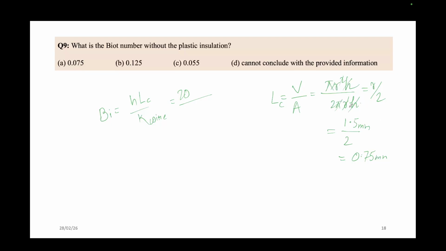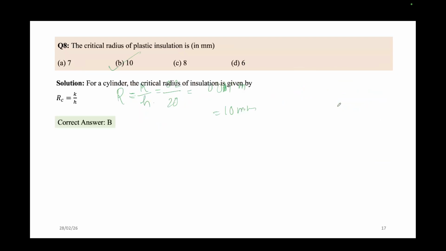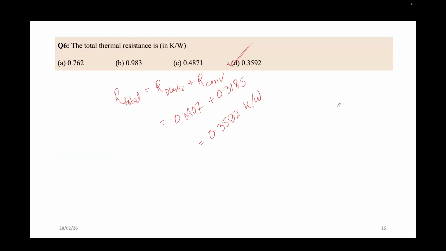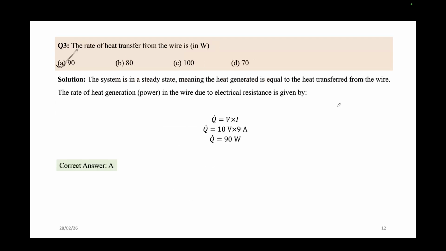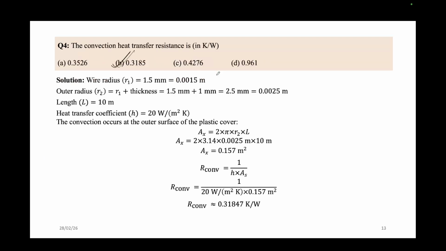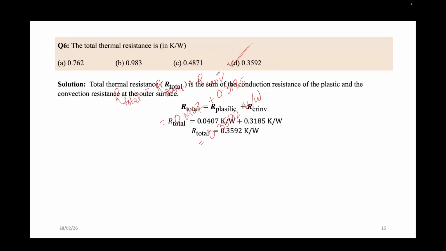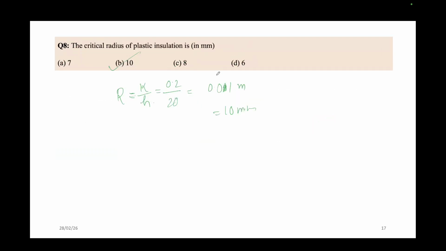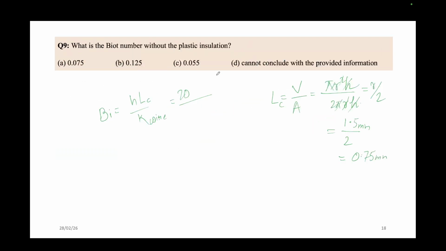Now I have to find out this k wire. So let's find out whether it is given or not. The thermal conductivity of the plastic cover is given, but nowhere in the question is the thermal conductivity of the wire given. So we are not able to solve this question because of insufficient data, right?